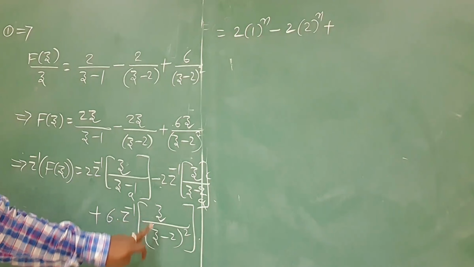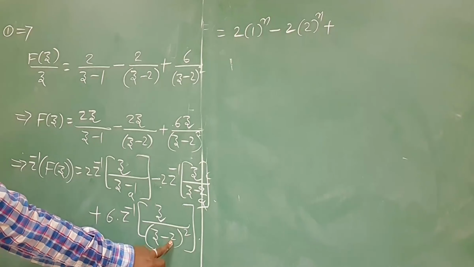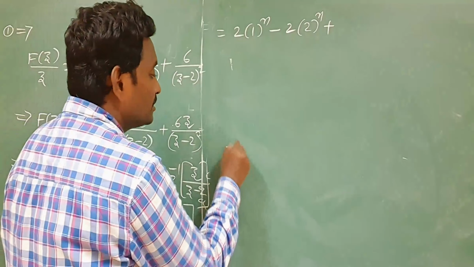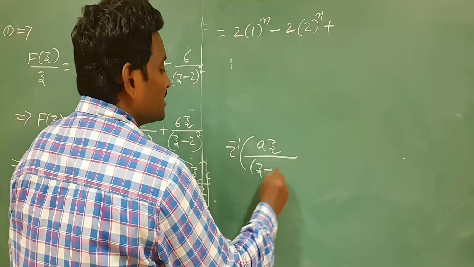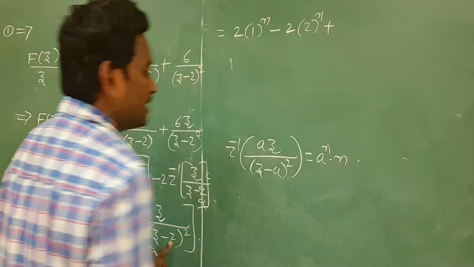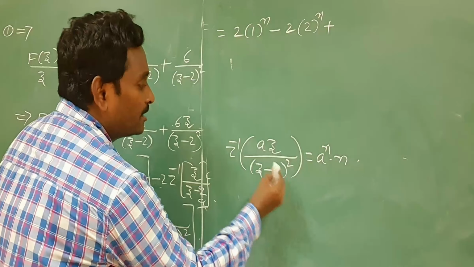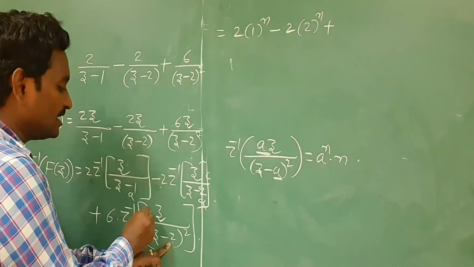Plus, what about this? Here we have z by z minus 2, it is not 1. If it is 2, then we have to compare with z inverse of az by z minus a whole square. This formula is a power n into n. Since here we have a, the numerator also has a. Since it is 2, we should write 2 here.